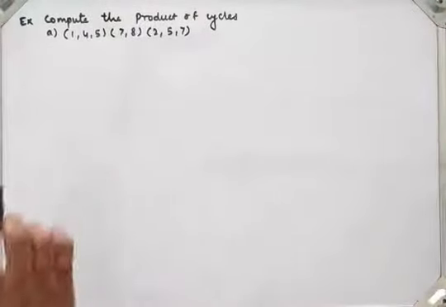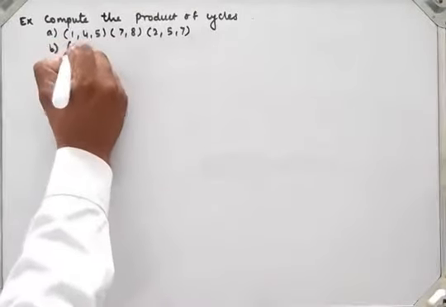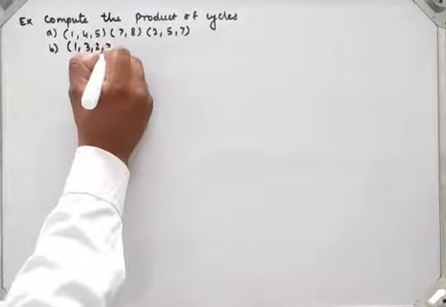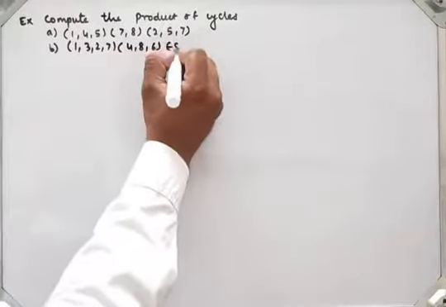Now to find the product of these cycles, the second one is (1 3 2 7) and (4 8 6), which belong to S8.